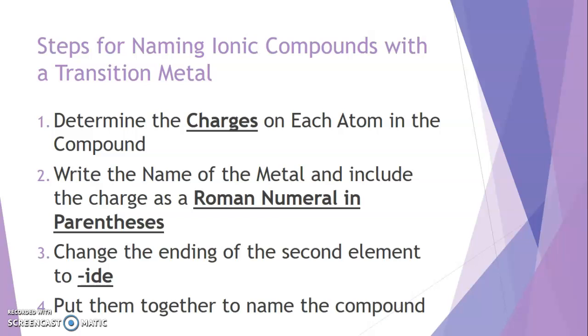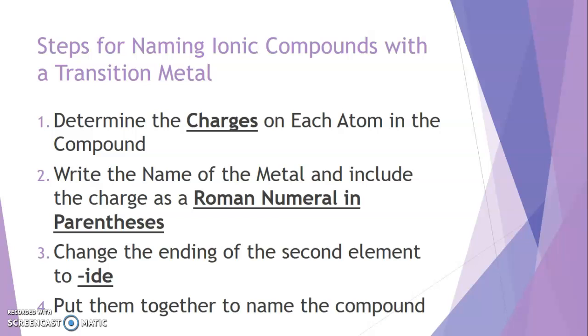So step 1, you determine the charges on each atom in the compound, okay? You want to find the charge of your nonmetal first and then determine what it needs to cancel it out because ionic compounds are all neutral. So if you've got oxygen with a 2- charge, you're going to want to get a 2+ charge on your transition metal.